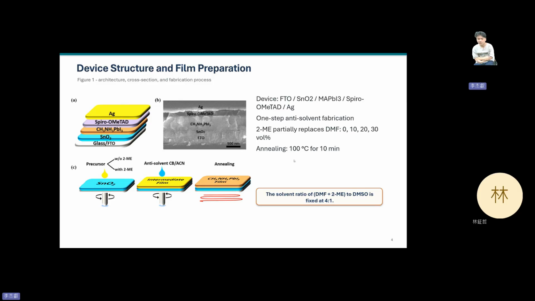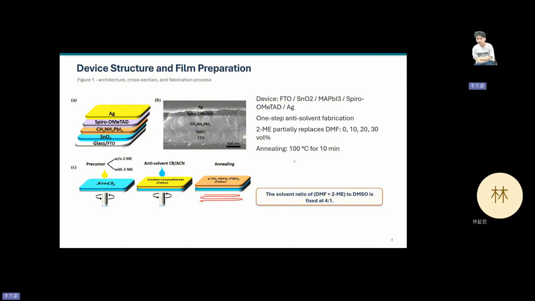And the authors use a one-step anti-solvent method to prepare the perovskite film. And they add different amounts of 2-ME: 0, 10, 20, and 30 volume percent. And the ratio of DMF plus 2-ME to DMSO was fixed at 4:1.